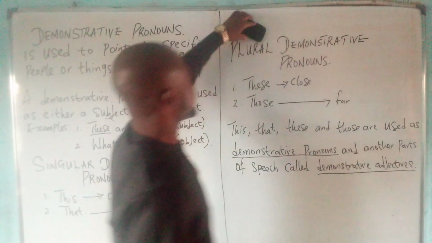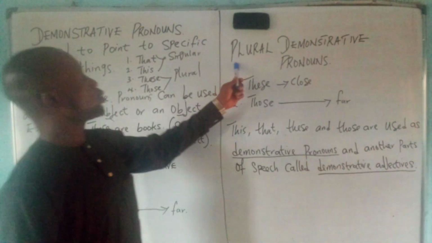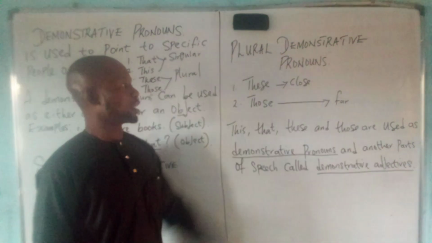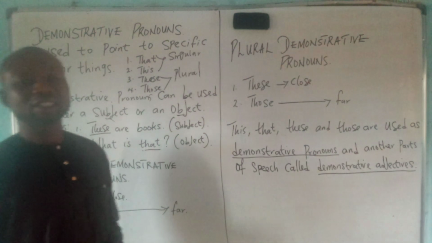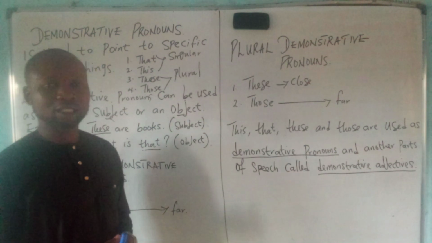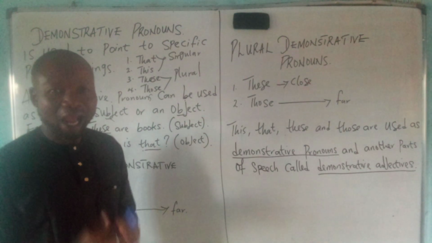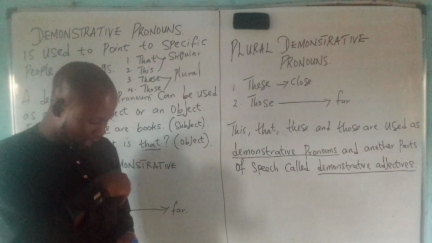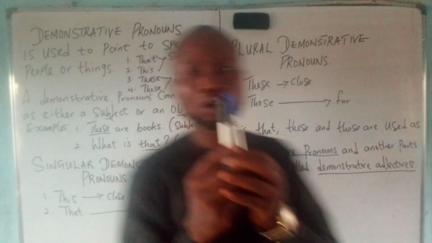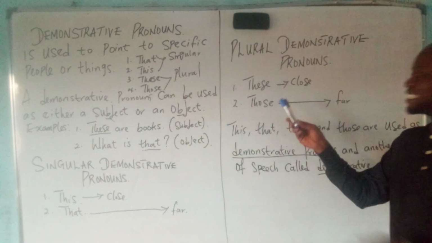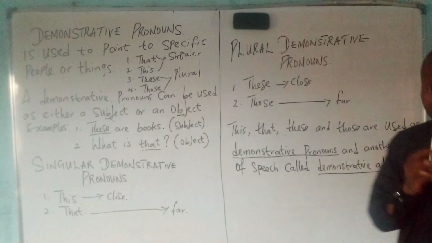Therefore, the next is plural demonstrative pronouns. Yes, in the plural, when something is more than one and those things are close, for example, I have two markers, we can say these markers.